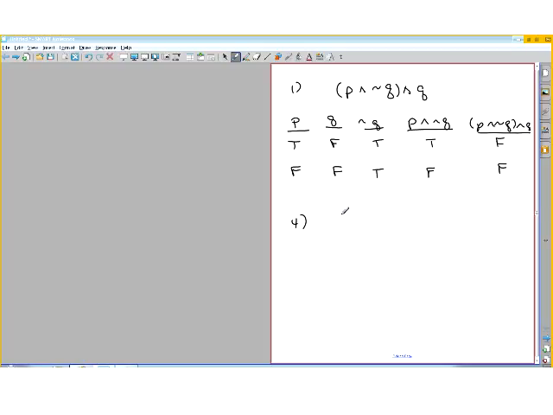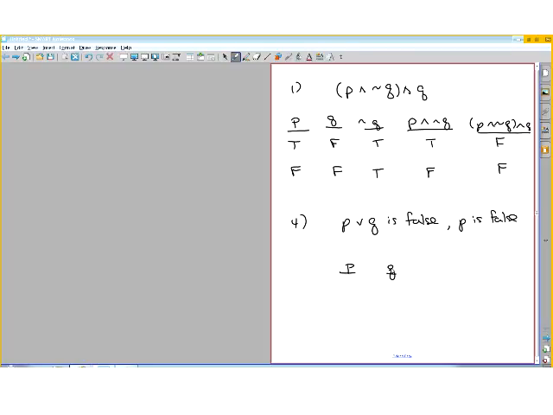Okay, so number 4 says, if the statement P or Q is false, and P is false, then Q must be something. So we're saying P is false. Okay, so for something to be false with an or statement like this, they both have to be false.